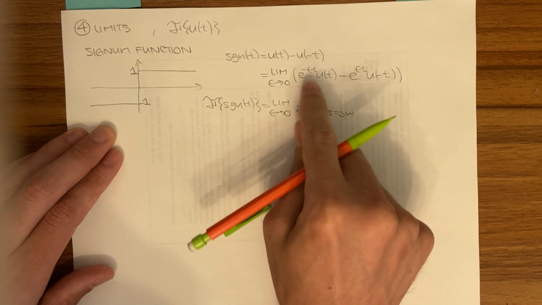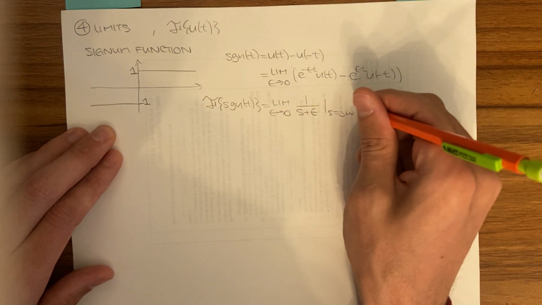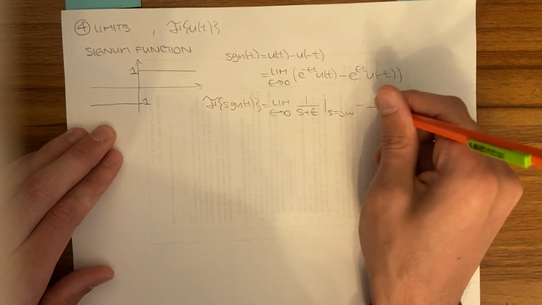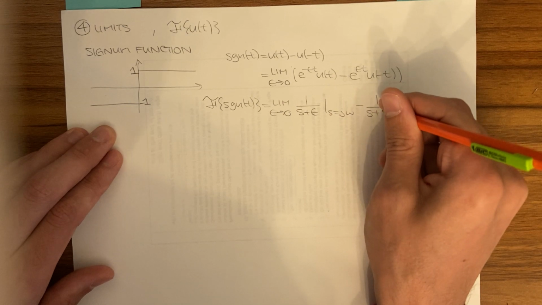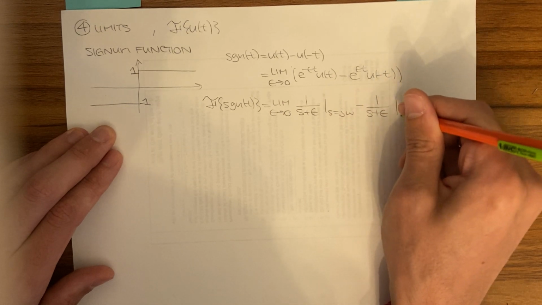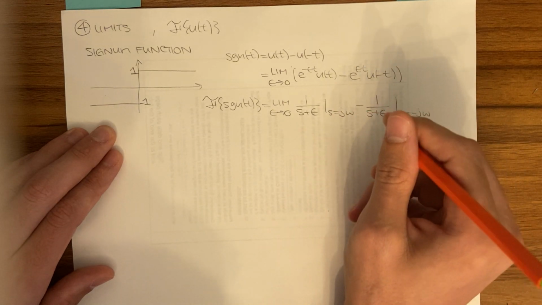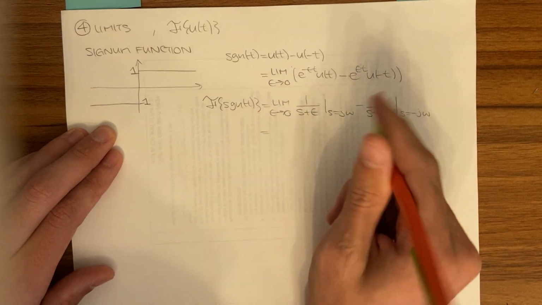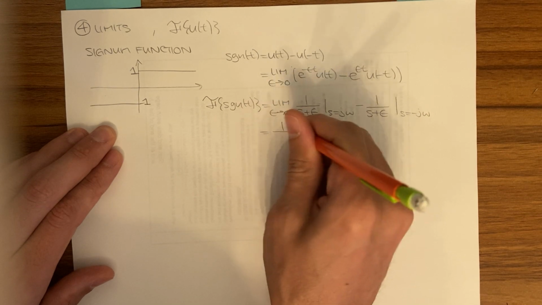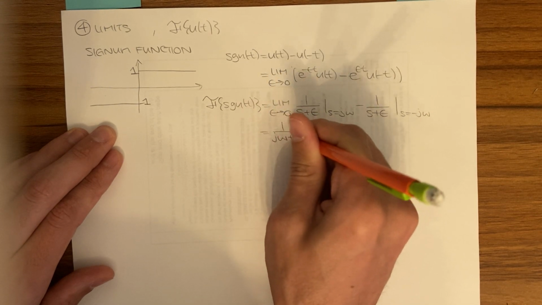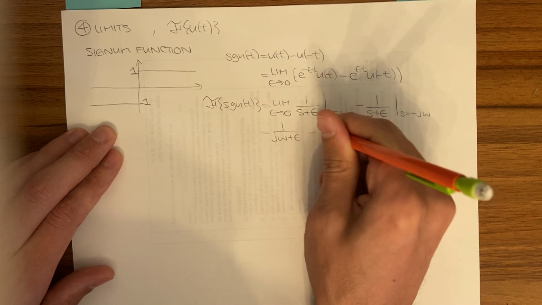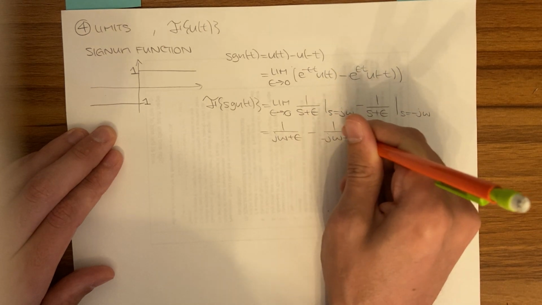Again, because we knew the Laplace transforms of these, it's 1 over s plus epsilon at s equals j omega, minus 1 over s plus epsilon at s equals minus j omega. Now replace our s's. So we have 1 over j omega plus epsilon minus 1 over minus j omega plus epsilon.